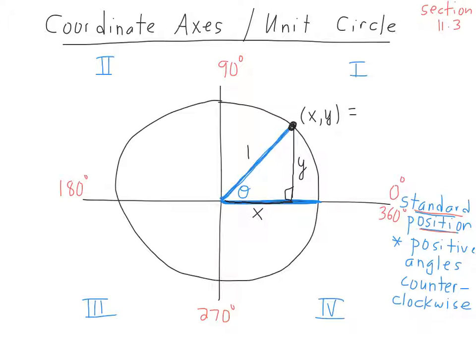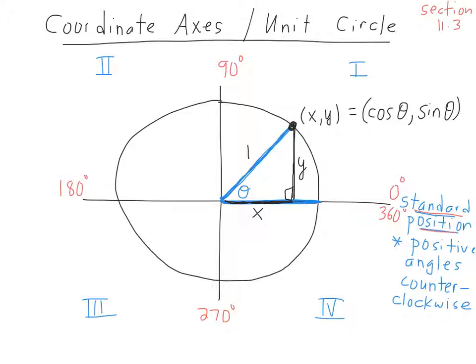Well, if we were to look at x, isn't it true that the cosine of our angle would be x over 1, because it's the adjacent side over the hypotenuse? So our x distance here is the same as the cosine of theta. Likewise, our y distance is going to be the same as the sine of theta.